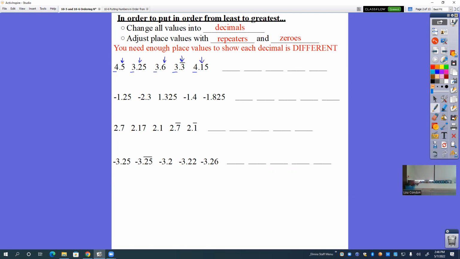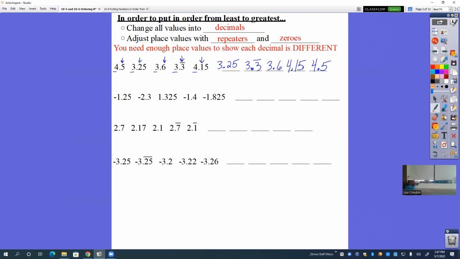Okay, so with doing this, it would start with 3.25, followed by 3.3 repeating, followed by 3.6, followed by 4.15, and then ending with 4.5 is the biggest number. So those are in order from least to greatest.